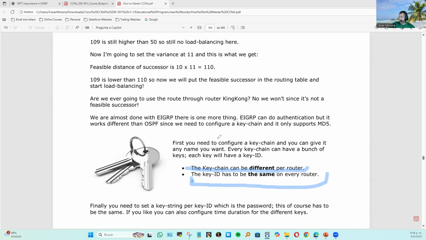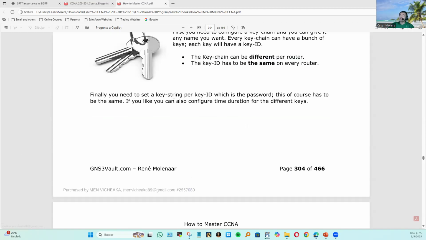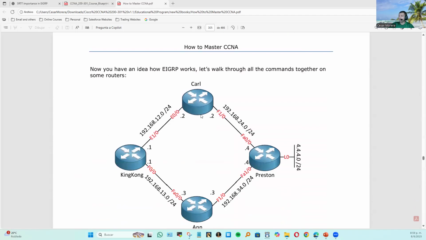So that's basically when we're talking about authentication running along with EIGRP. The key chain can be different per router, but the key ID must be the same on everyone. So just for you to be aware of that. Finally, the key string per key ID, which is the password, of course has to be the same.